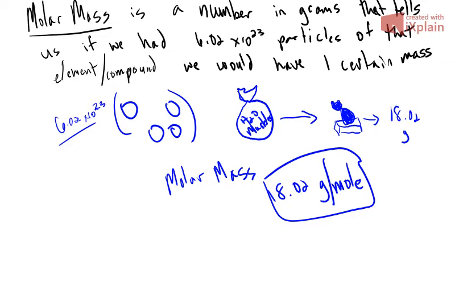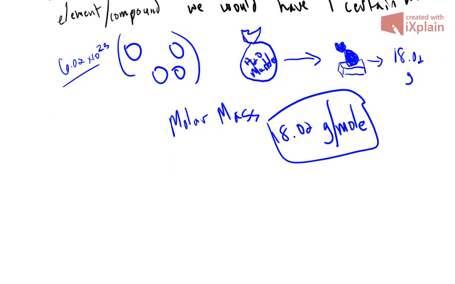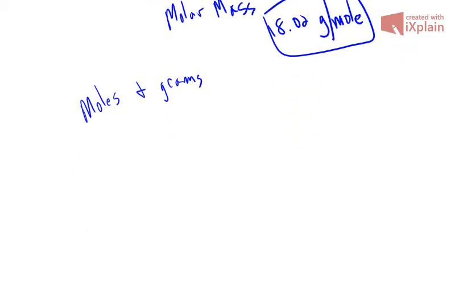Now, this molar mass is the conversion between moles and grams. Okay, so let's say, make it easy on myself, I have 36.04 grams of H2O. I have a cup of water and I put it on a balance and it says I have 36.04 grams of water.